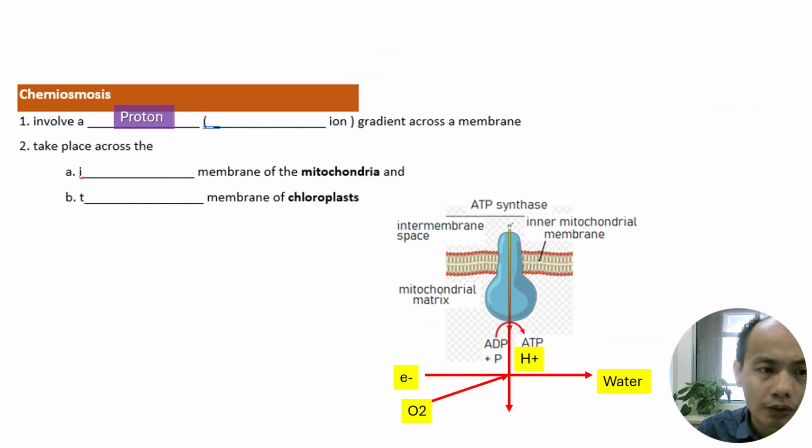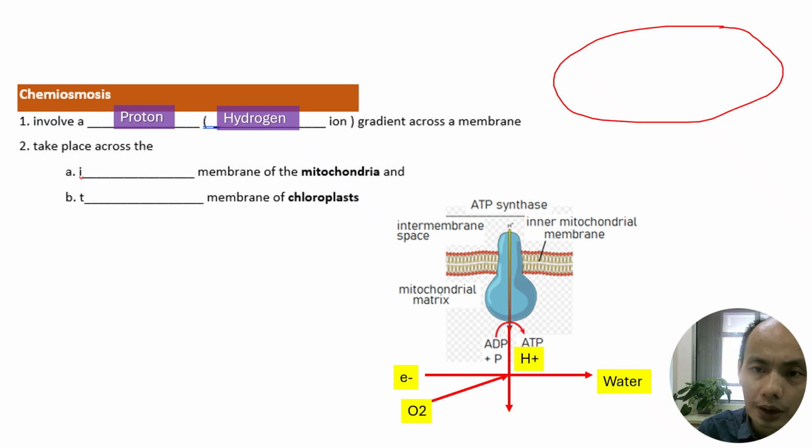Chemiosmosis involves a proton. Proton means a hydrogen atom losing one electron. So it is a hydrogen ion, or we call it a proton gradient, a proton gradient across a membrane. So it is something like this.